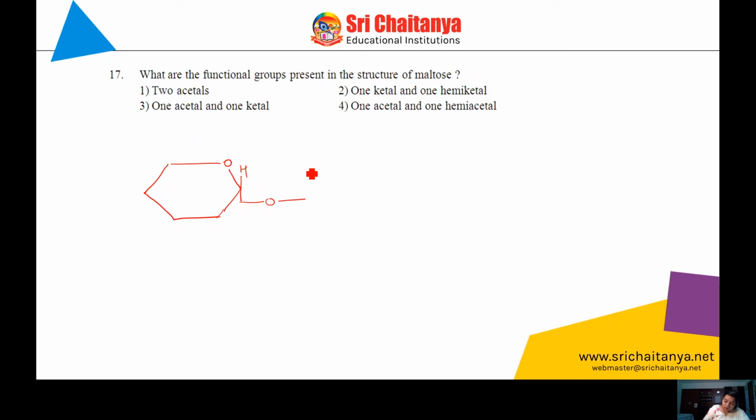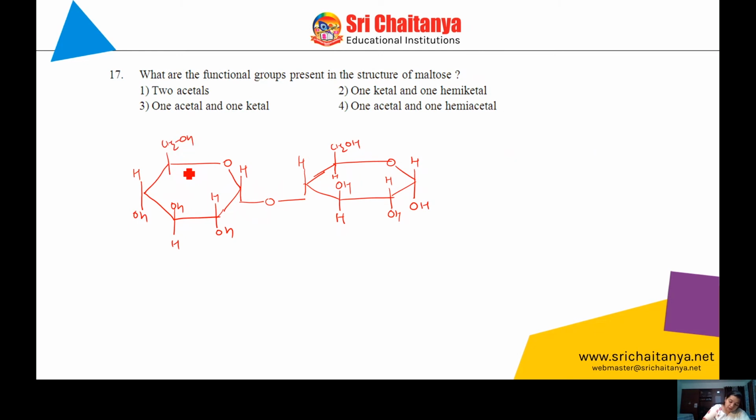Let me draw the structure for you. OH, H, H, OH, OH, H, CH2OH and down H. Similarly here, H, OH, OH, H, H, OH, CH2OH and H. Okay, this is the structure of maltose.